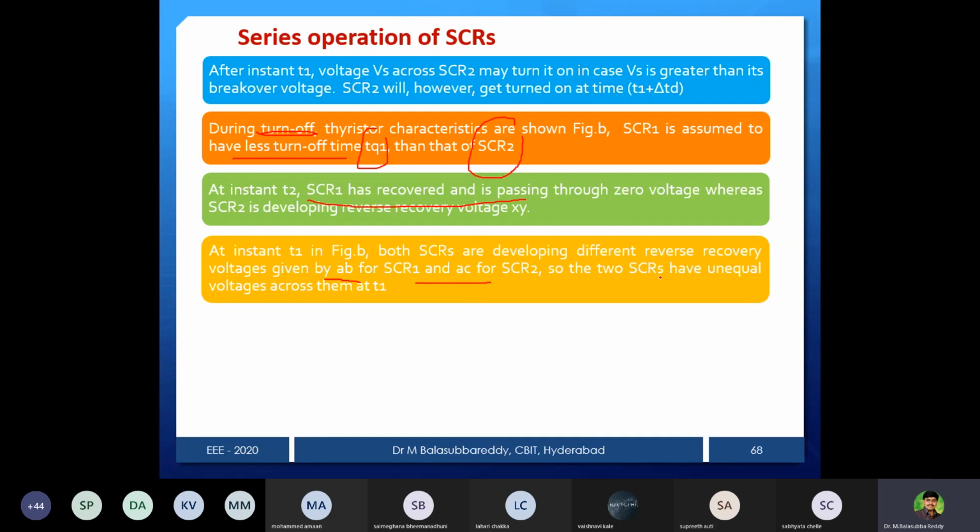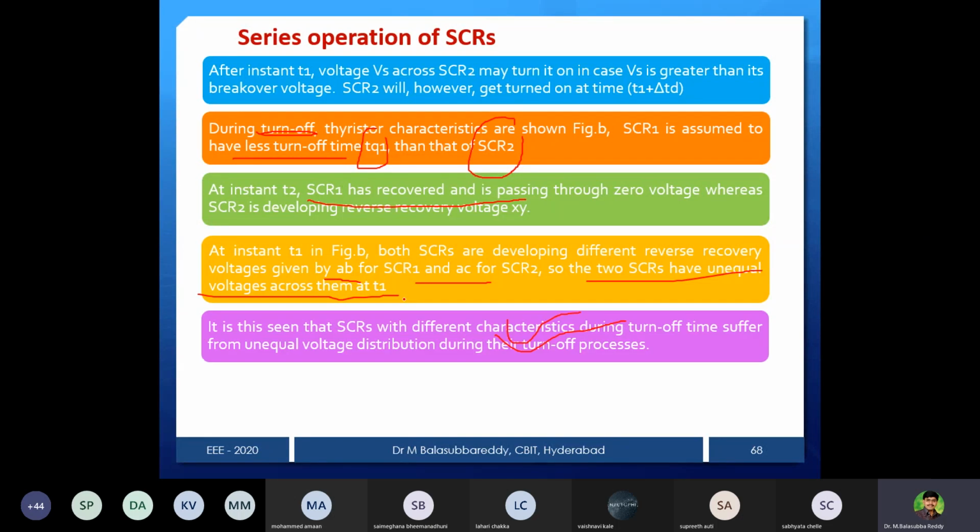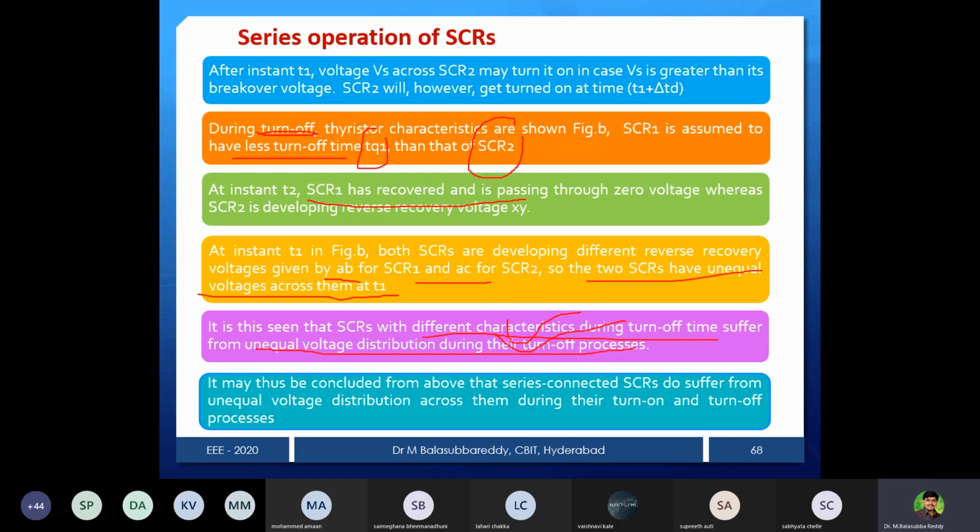So those magnitudes are different, and the two SCRs are again sharing unequally. Even the turn off times are different, so the characteristics during off will be different. It suffers from unequal voltage distribution during the off process as well.